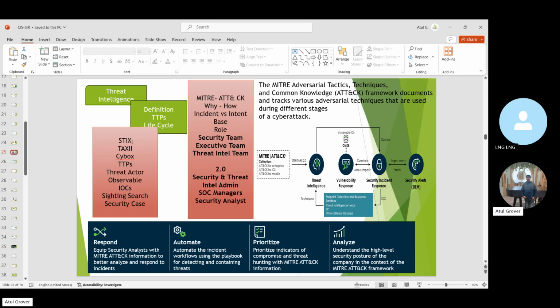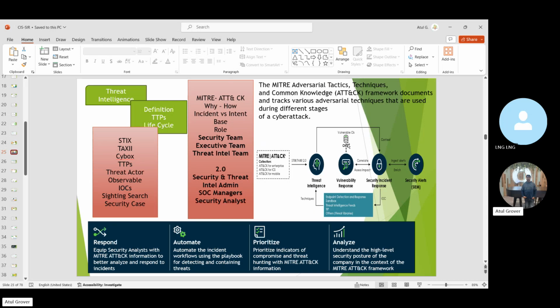With the help of a structured language and a transport or exchange method, we are seeing the tactics for threat intelligence. For security incident response, we are using sandbox and TIP and checking the IOC, indicators of compromise. And in vulnerability, we have control of the CMDB, to see which CI in my system is vulnerable.